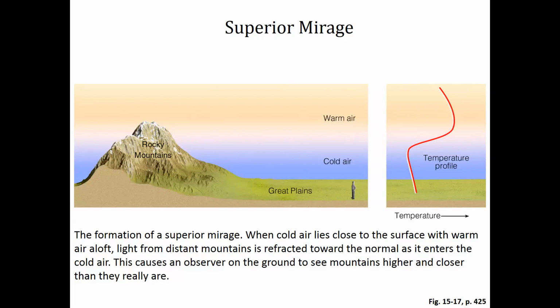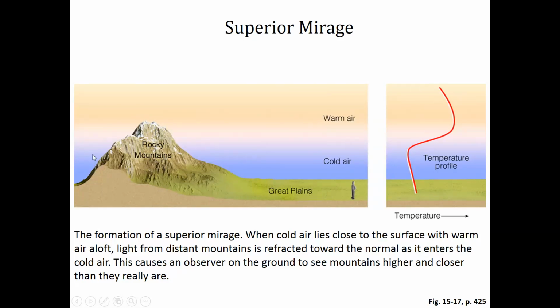Well, again, you now have dense air here near the ground, less dense air higher up here. And again, as light reflecting off of an object such as the Rocky Mountains, as it travels towards the ground, it enters that new density.